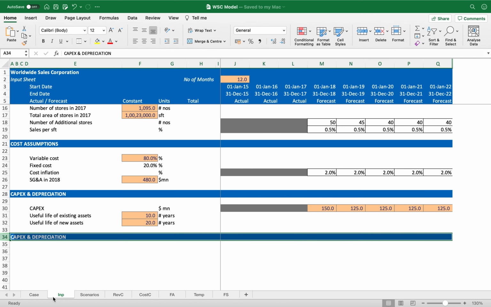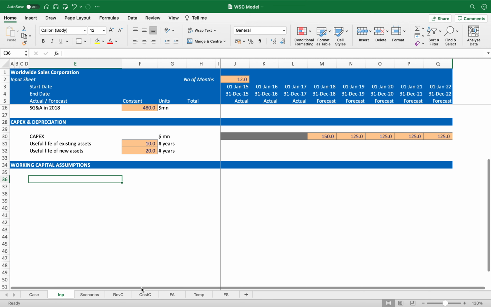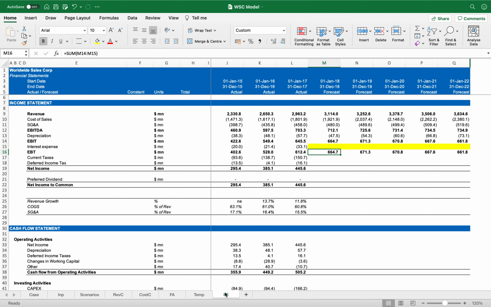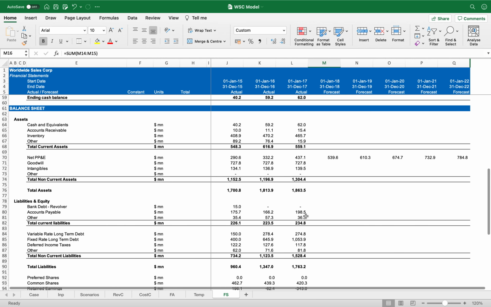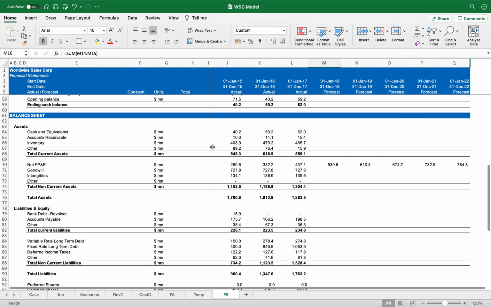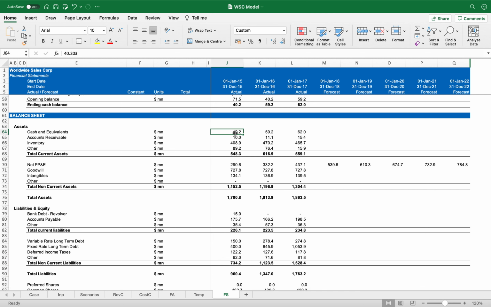The next section, working capital assumptions. Let's see how many types of working capital do we actually have. What are the components of working capital? So going to the balance sheet, current assets, leave alone cash and cash equivalents. We do not include cash and cash equivalents while computing the working capital components.